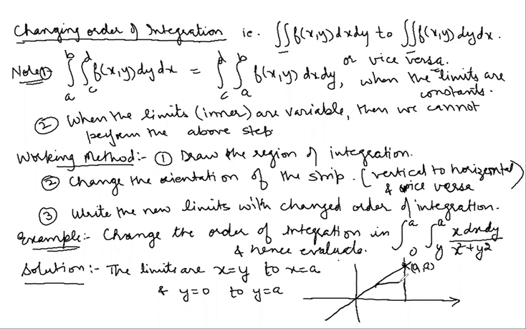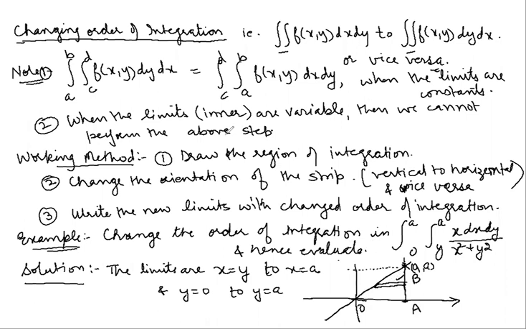It means the strip is like this. ठीक है, then y varying from 0 to a. y is varying from 0 to y is equal to a. मतलब ये दोनों लिमिट्स आ गई कि हमने स्ट्रिप को यहाँ रखना शुरू किया और यहाँ पे खत्म किया इसको. ठीक है, तो इसके लिए अब क्या करेंगे? सेकेंड स्टेप अब क्या है? ये हमने रीजन ऑफ इंटीग्रेशन हमने इसमें ड्रॉ कर लिया. This one is the region of integration. The whole, this triangle OAB. OAB is the region of integration.